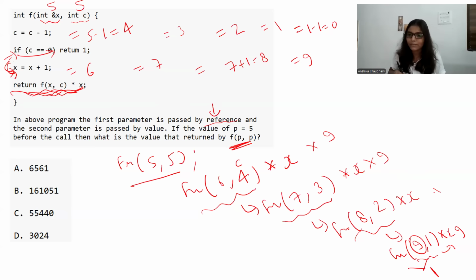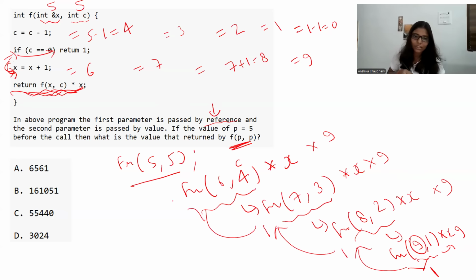So it will become 9, it will become 9, and it will become 9. And from here we got 1. So this 1 will replace here, 1, this 1, 1, then this 1, 1. Right. So all these 9s will multiply. So it will become 9 into 9 into 9 into 9 into 9.